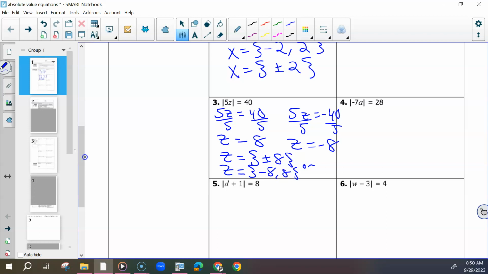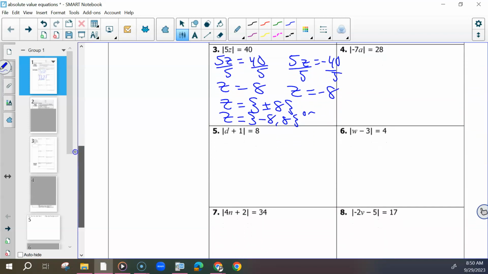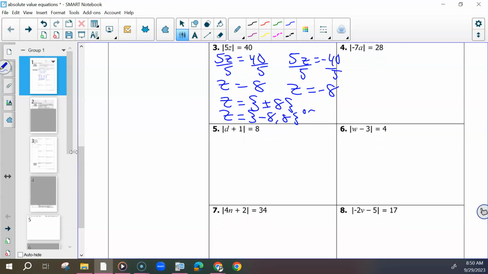Okay, let's try number 5. Same as before, make sure the absolute value is isolated, there's nothing outside of it, so check on that part. Drop the absolute value, set the inside equal to the positive 8 and a negative 8. And then to get d by itself, what would you do?